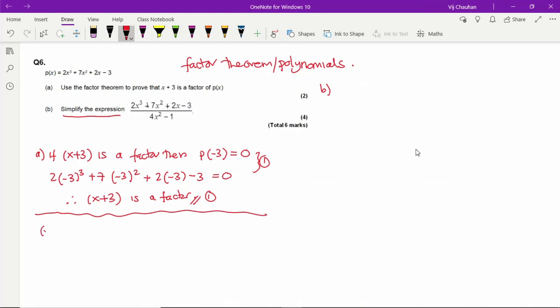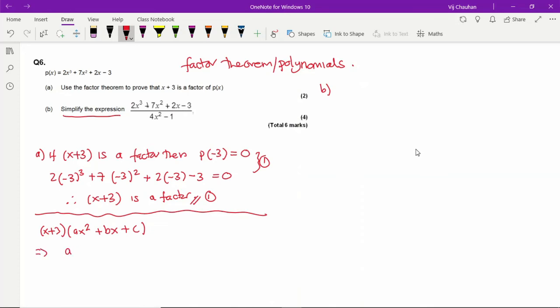So I've got x plus 3, and then I'm going to do the algebraic way. So you could do algebraic long division to factorise it, but again it's probably easier and quicker to do the algebraic expansion method to do that.